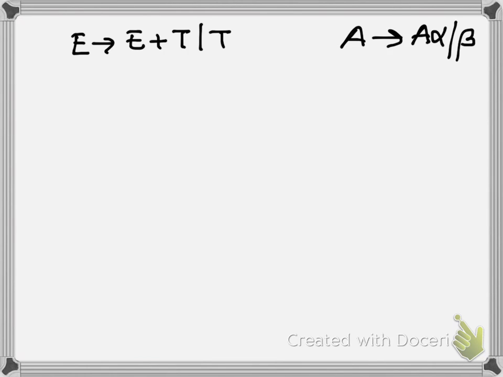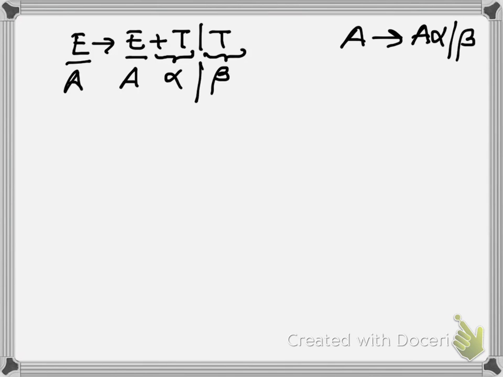Here this is our A. Which one is alpha? Whatever comes after this, so this is alpha. And what is beta? What comes in the optional part. So our production is of this form: A derives A alpha or beta.